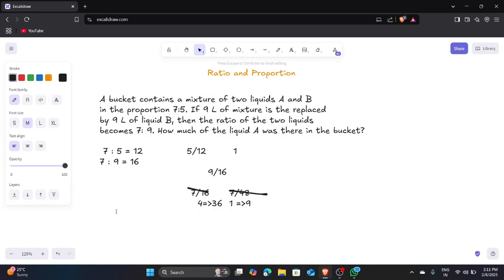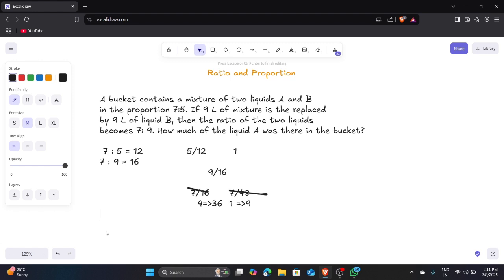So 5 by 12 is equal to this 36. It is not that. This 36 is the value of this whole mixture.